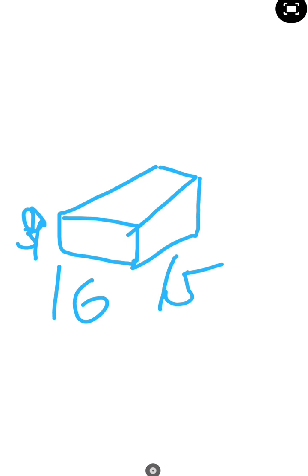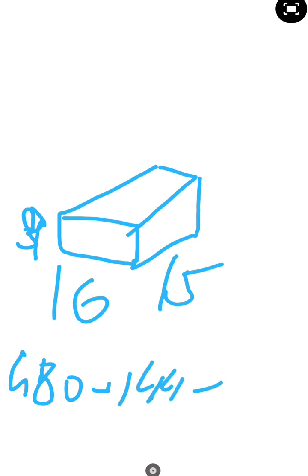So we do 16 times 15. Okay. 16 times 15 gives us 240. Times 240 by 2 is 480. Add 9 times 16, which is 144. Times that by 2 to get 288.